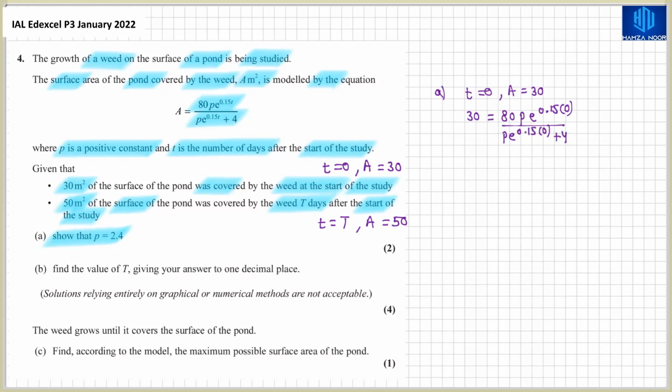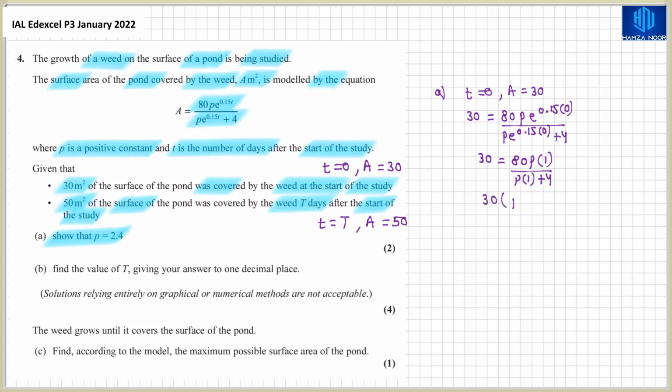As we know e to the power 0 is 1, so 30 = 80p times 1 divided by p times 1 plus 4. Now we just need to solve this equation and find the value of p.